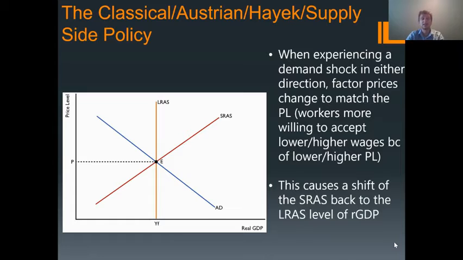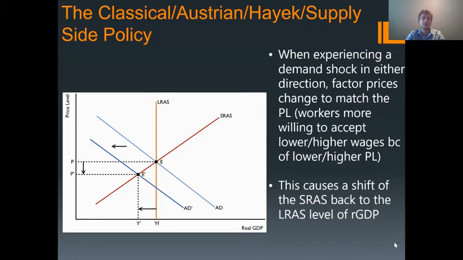So, the basic idea behind the classical viewpoint is that when you're experiencing a demand shock in either direction, so you see demand decreases here, you have a negative demand shock. What occurs is as you have rising inflation, or as you have rising unemployment, more and more workers are willing to accept lower wages to respond to this shock.